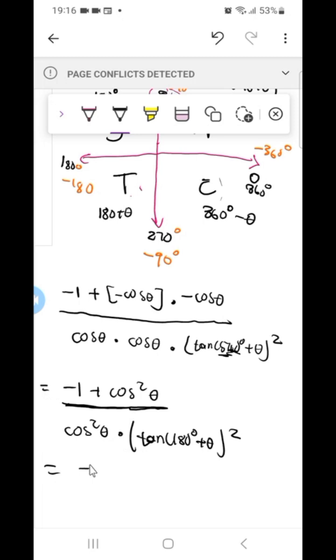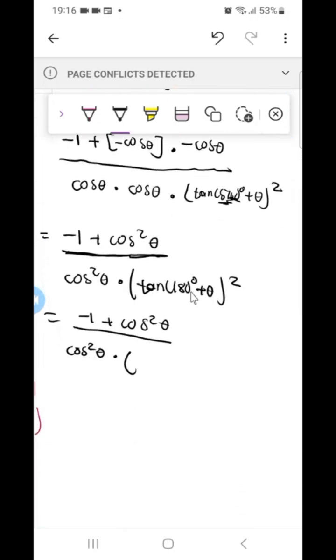So I'm just going to rewrite everything again, I'm so sorry. And then you have cos squared theta, and you know that tan of 180 degrees plus theta, that is your third quadrant. And you know that in your third quadrant, tan is positive.